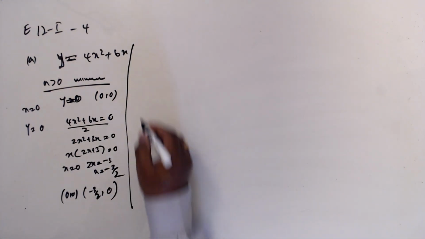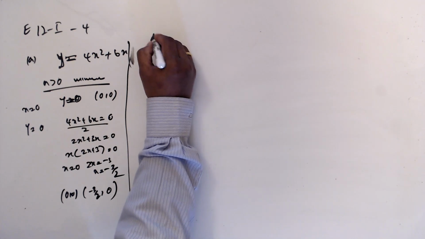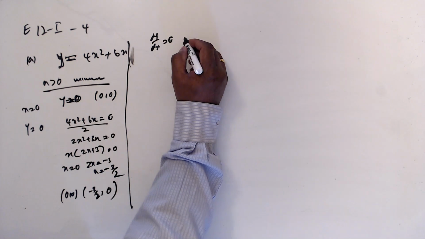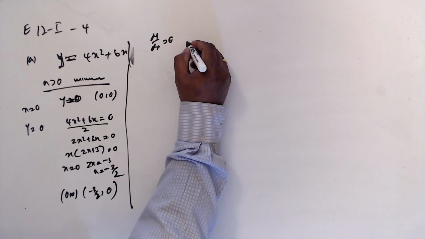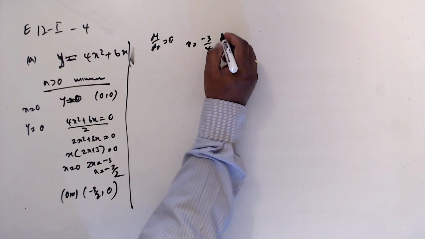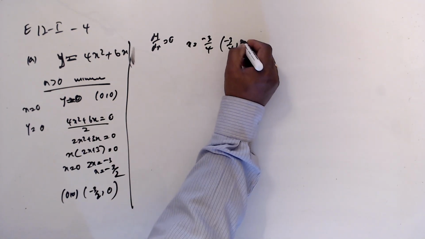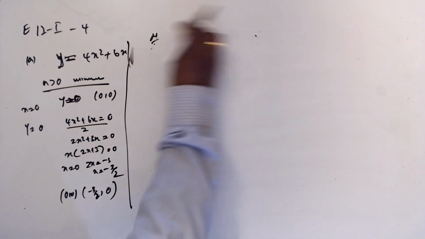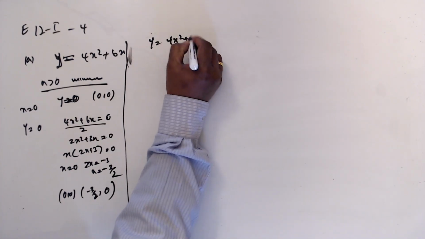Now we need to find the minimum. There are two ways. One is taking dy by dx equals 0. You found out already that the x value is minus 3 over 4, and the relevant coordinate is minus 3 over 4, minus 9 over 4. Actually, let me work out this one. y equals 4x squared plus 6x.